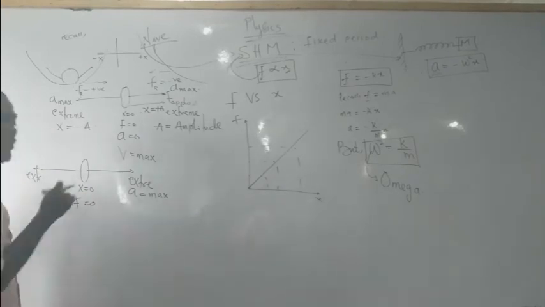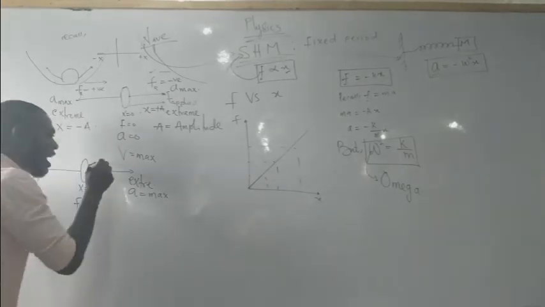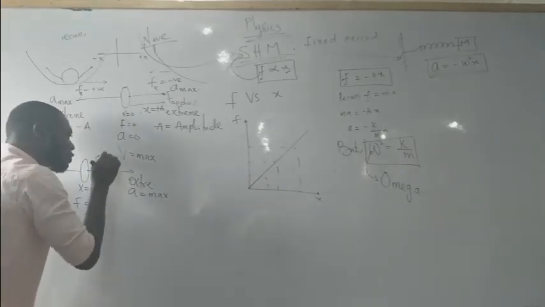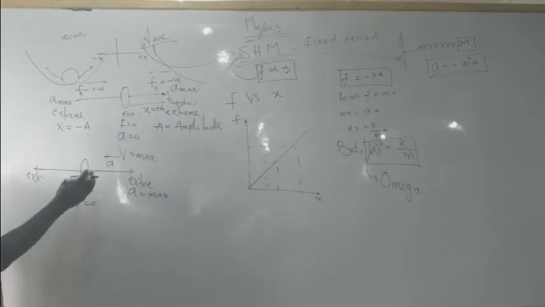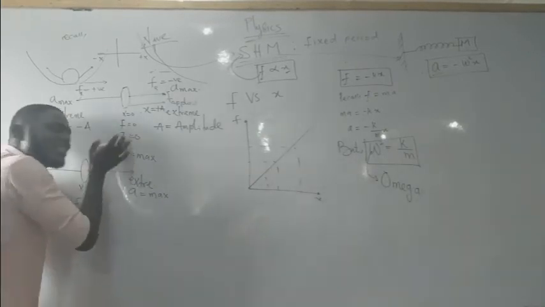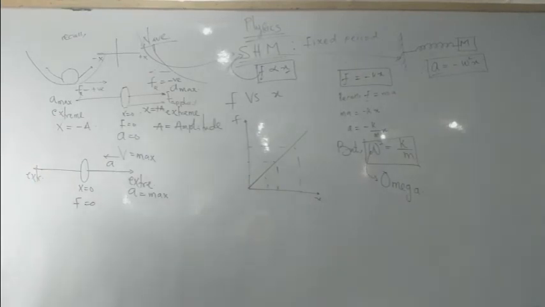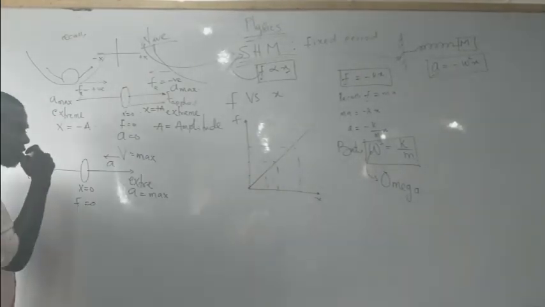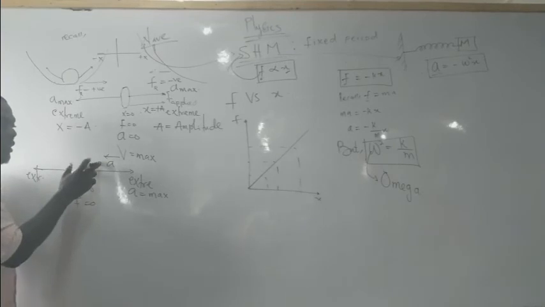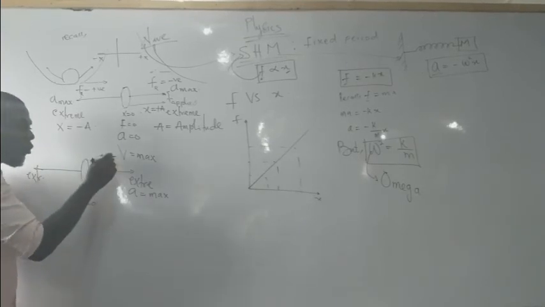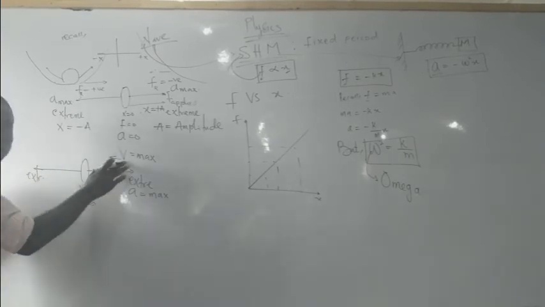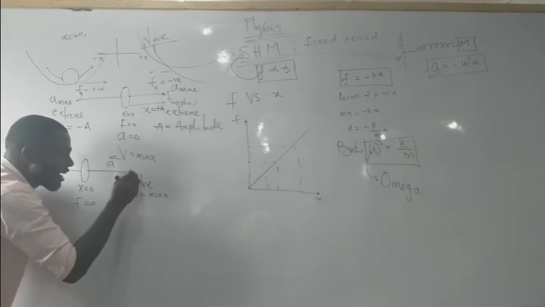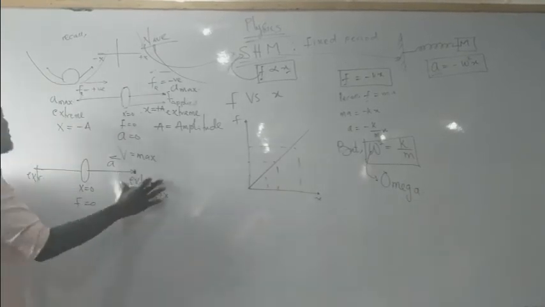Then you release the spring, and it moves towards the center. There will be a decrease in acceleration, because acceleration is maximum at the extreme position.